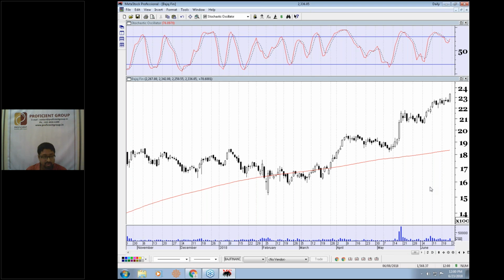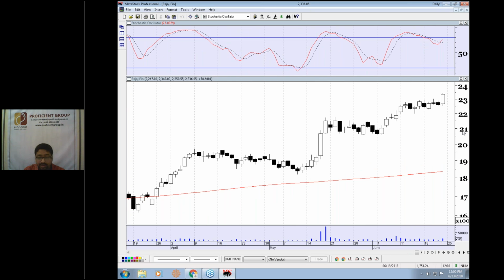We try to stay in the direction of the market, direction of the primary trend, and it says the primary trend is up. So we will take a buy position in this stock, and our stop loss will be 21.97, where the last bottom was made. So this will be our stop loss, 21.97, right?